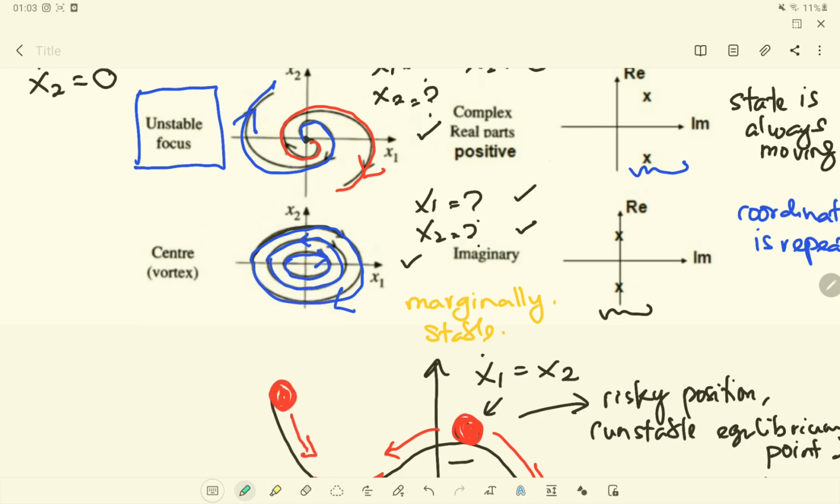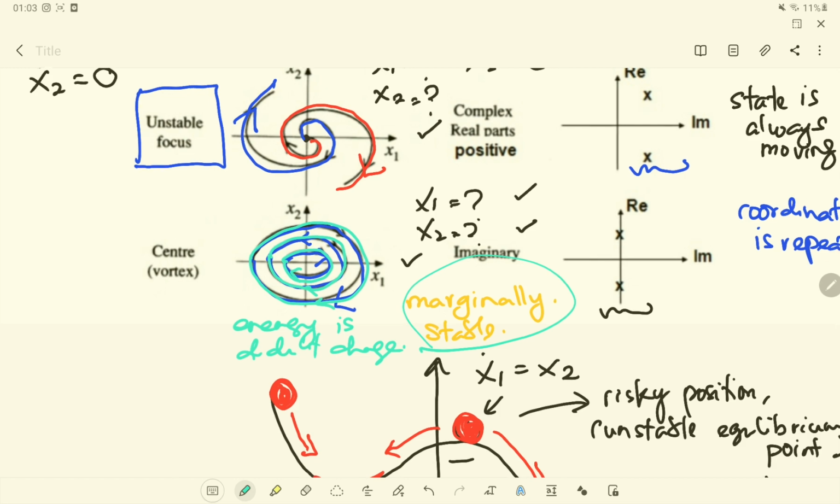Why? Same coordinates, same energy. The energy doesn't change. So the system is marginally stable.